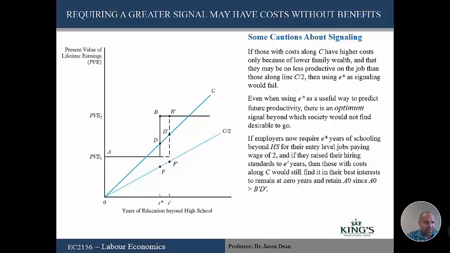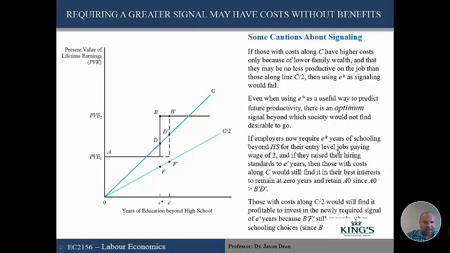There might not be any additional benefits. And so it's just a caution about signaling. Even if it can work as a signal, it may be difficult to find an optimum for this type of model.